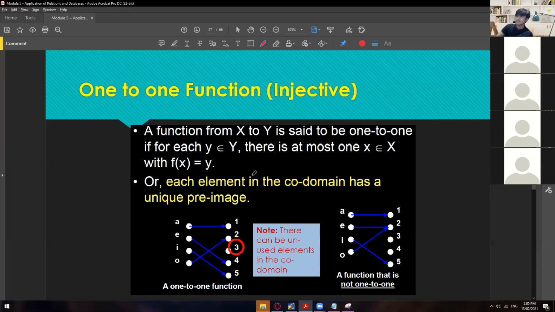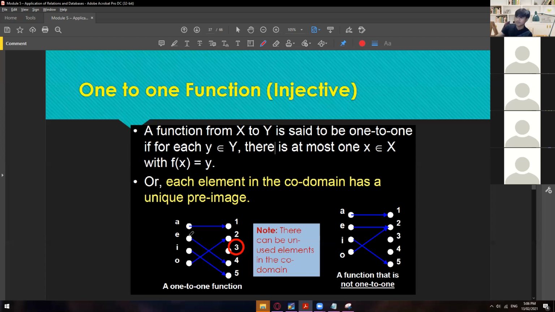All right. So the next one here is the one-to-one function, or in other words, called injective. This one is super simple. When we say one-to-one function, a function from x to y is said to be one-to-one if for each y that is an element of y, there is at most one x that is an element of x, with f of x equal to y. Meaning all of your x and y must only have one partner.